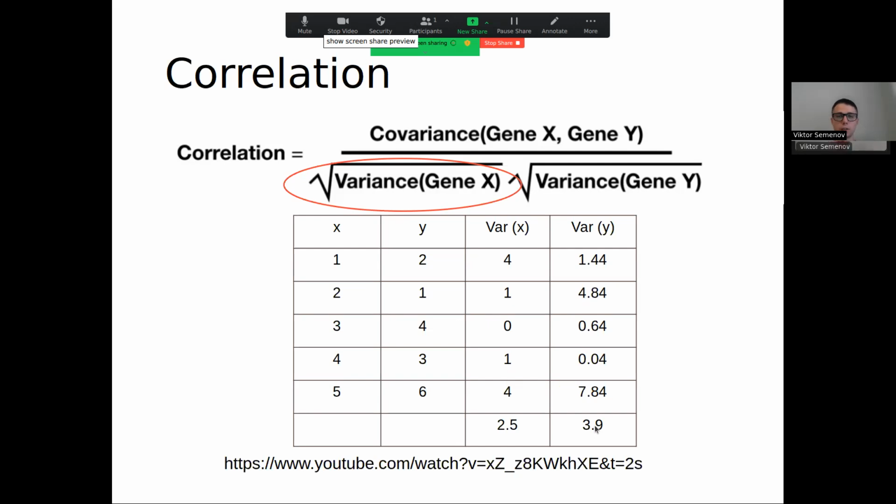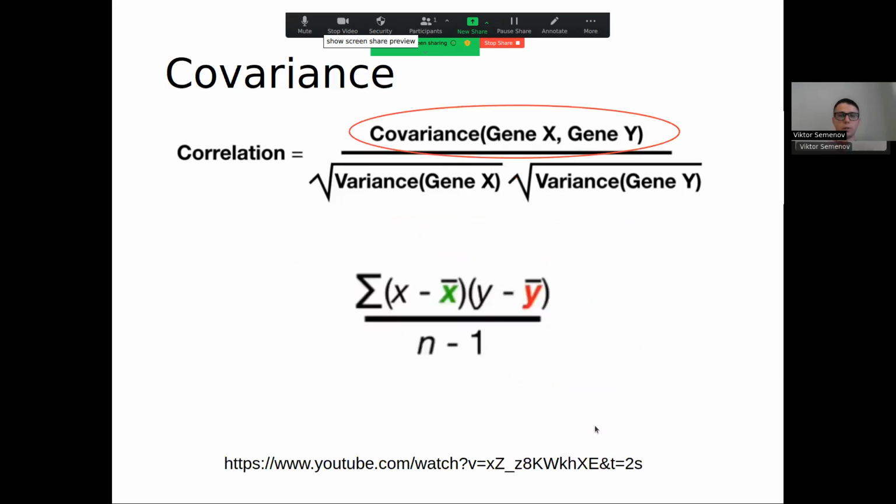So let's continue with the covariance. Covariance is a bit trickier because the formula is a bit more complicated. To get covariance, we will need to know the mean for x and the mean for y.